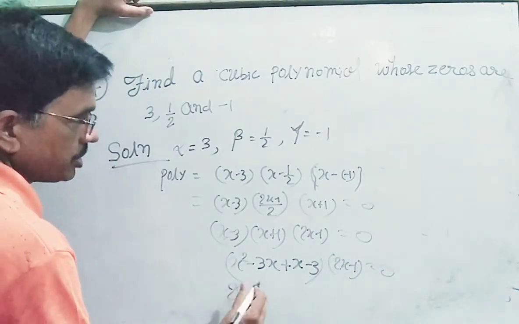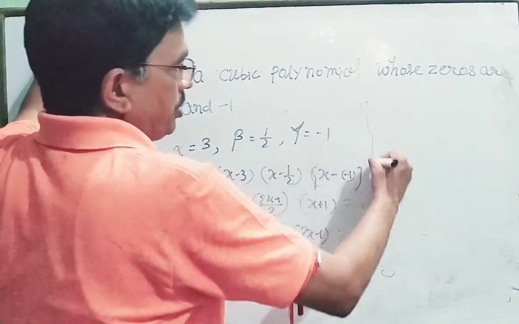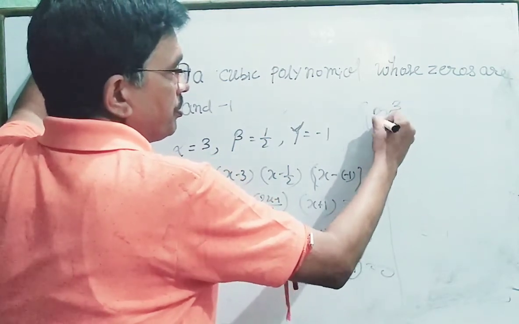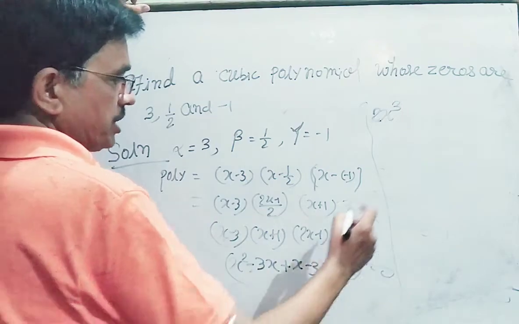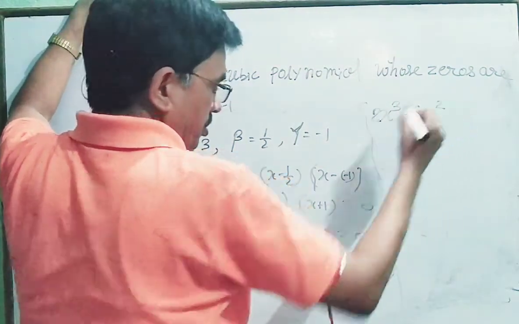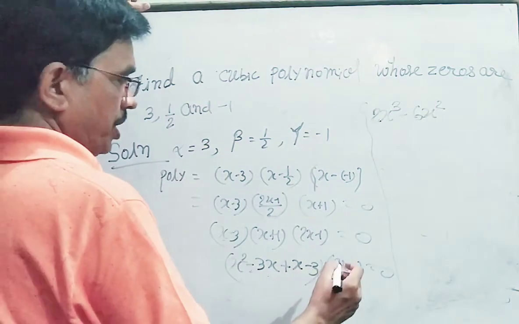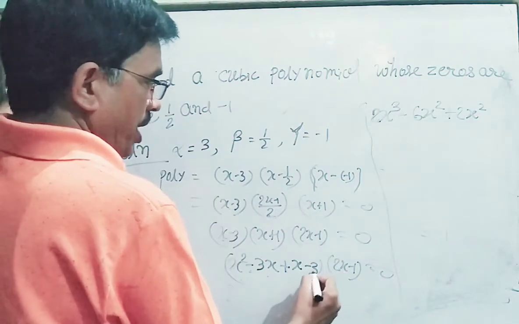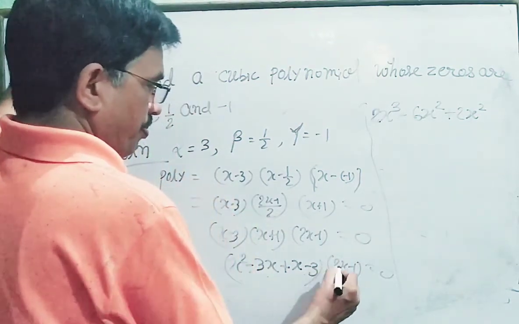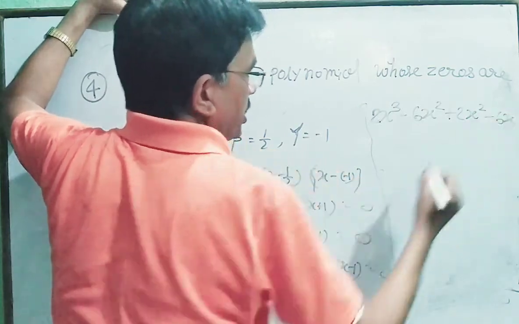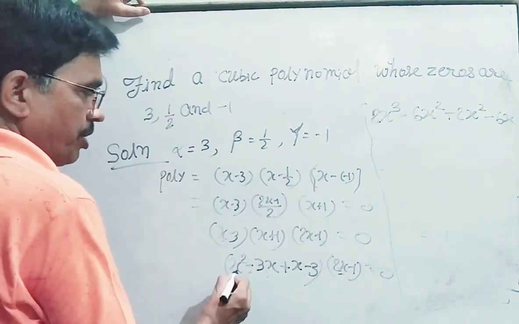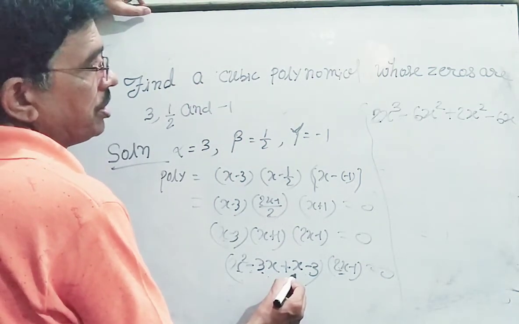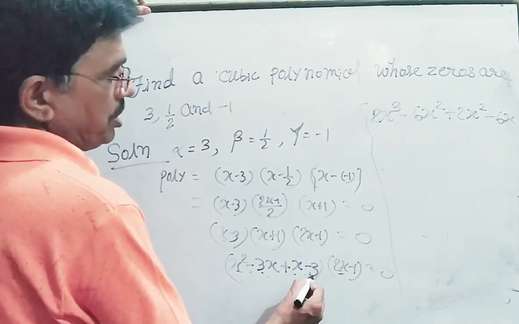Multiplying by 2x, you get 2x cube minus 6x square plus 2x square minus 6x. By multiplying by 2x, you get 2x cube minus 6x square plus 2x square and minus 6x.